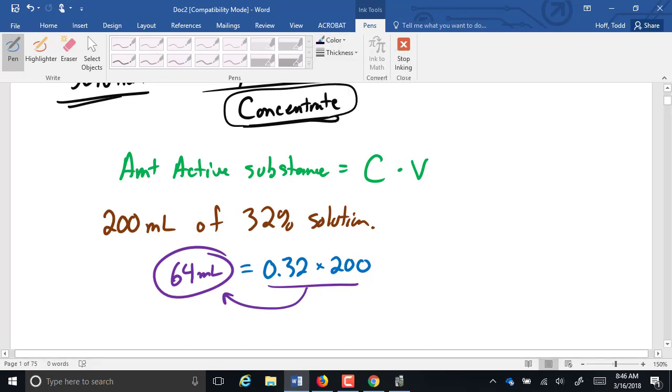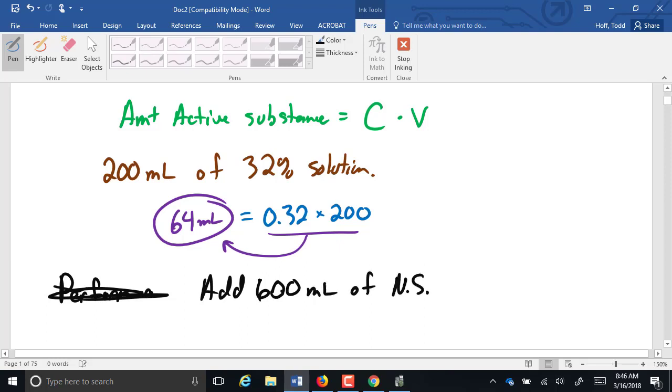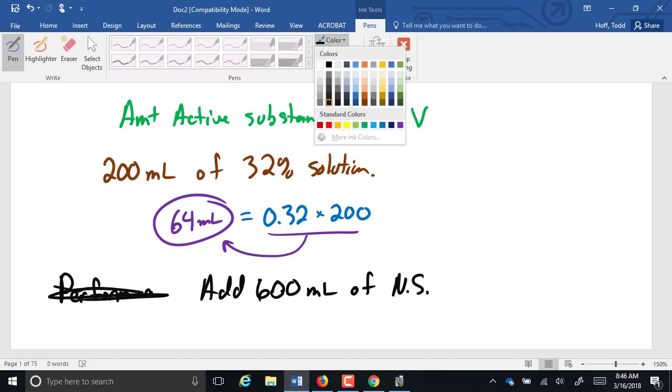Well, what if I perform, let's just do this. It's simpler than that. Let's just say we're going to add 600 milliliters of saline to that. Now remember that saline is just sterile water.